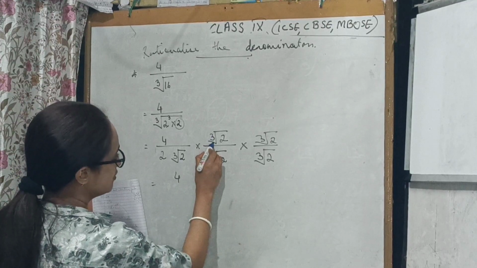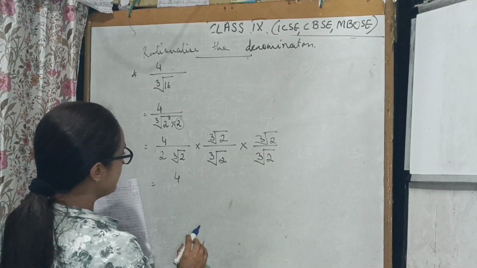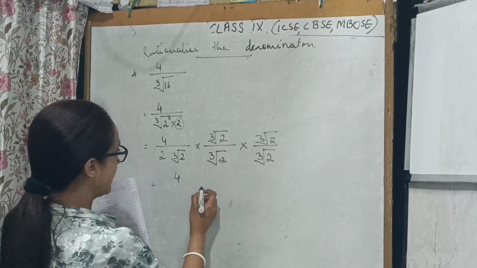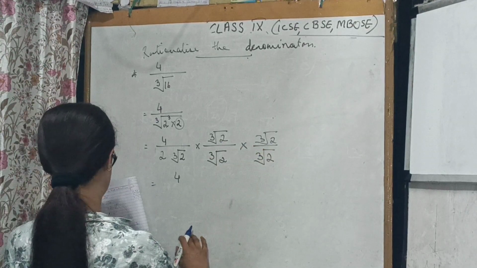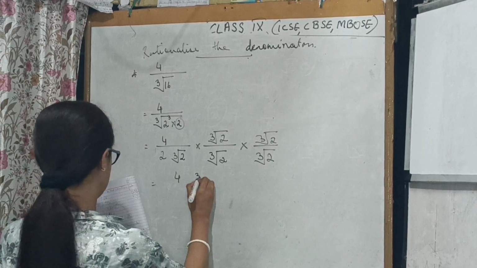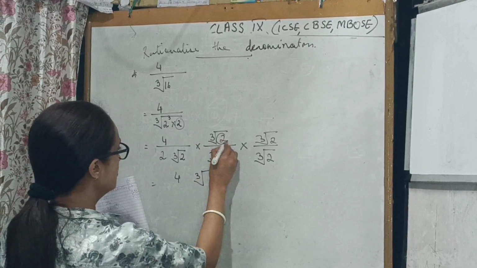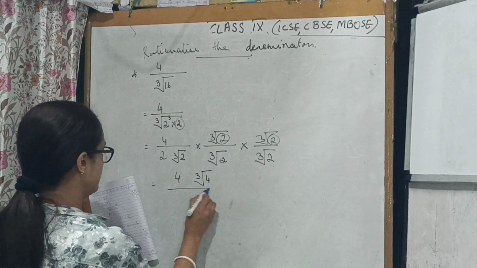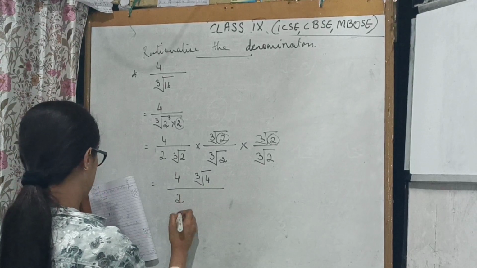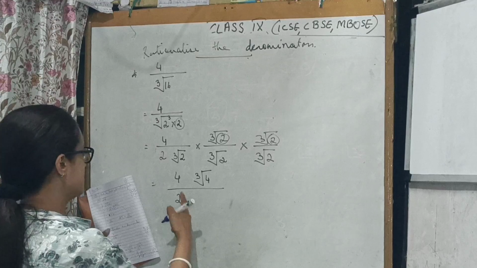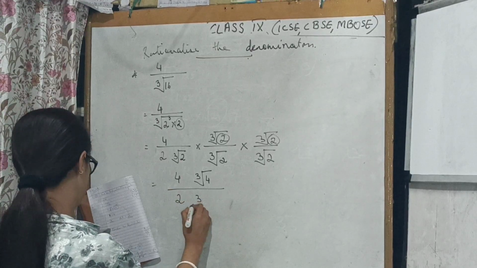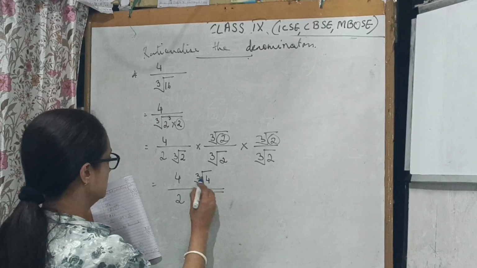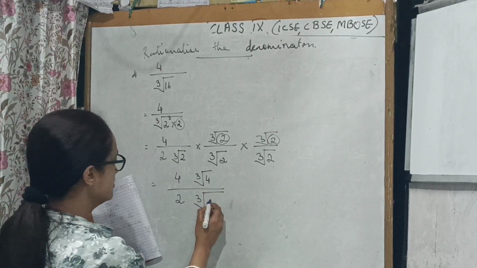This is also third root. This is also third root. They belong to the same family. So the members inside can be written together. Okay? So this is third root of 2 into 2 is a 4. This 2 is here. Now, what about this third root of 2 2s are 4, 4 2s are 8.